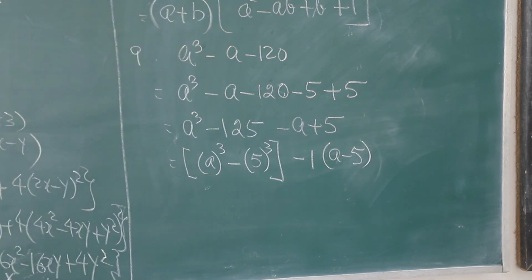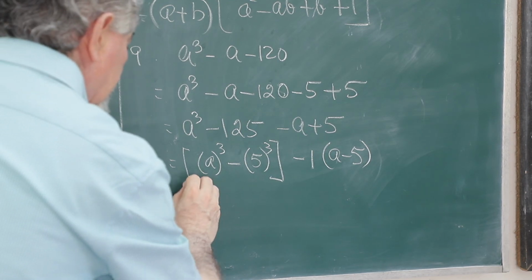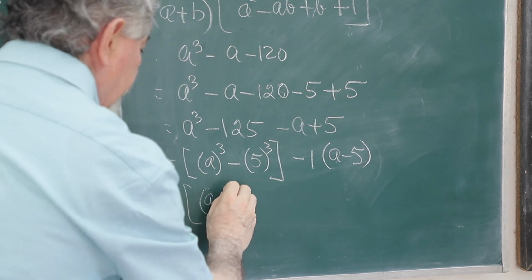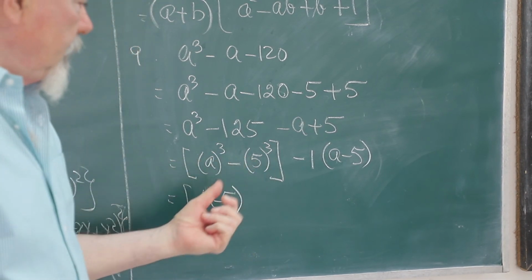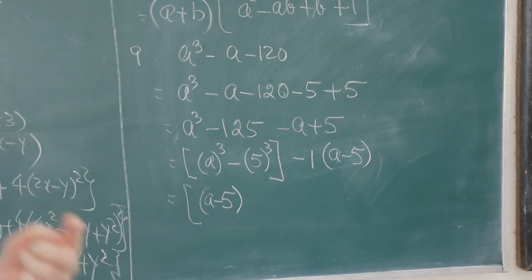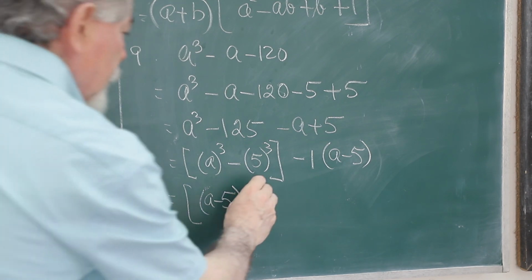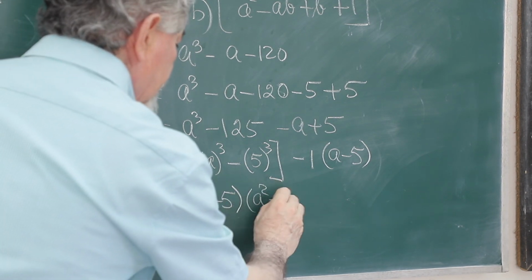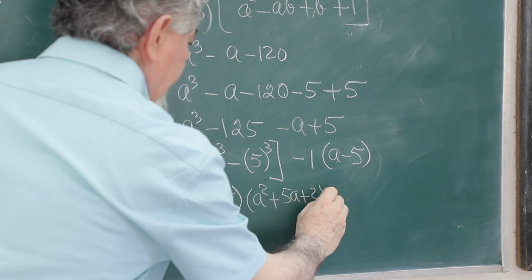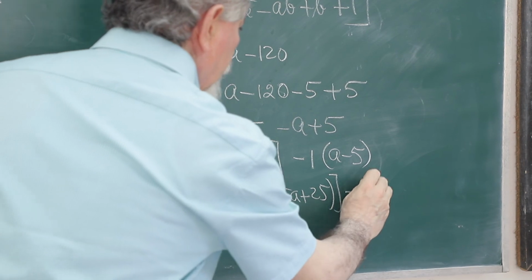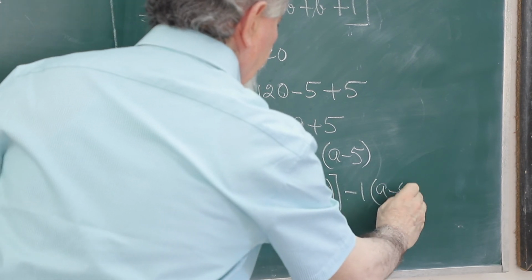Now a cube minus b cube has factors a minus b, so in this bracket I will get a minus 5 as the first factor, then a square plus ab plus b square. So a square plus 5a plus 25, and minus 1 into a minus 5.